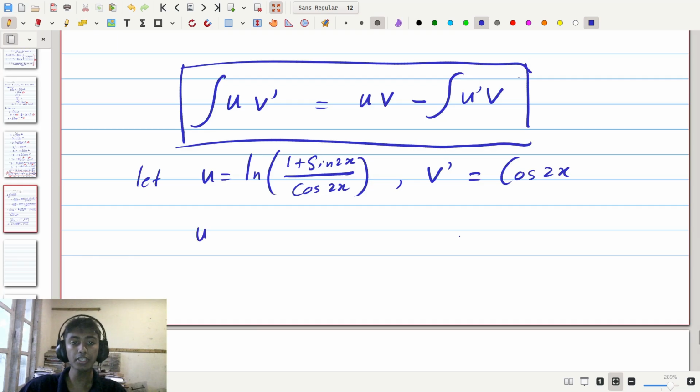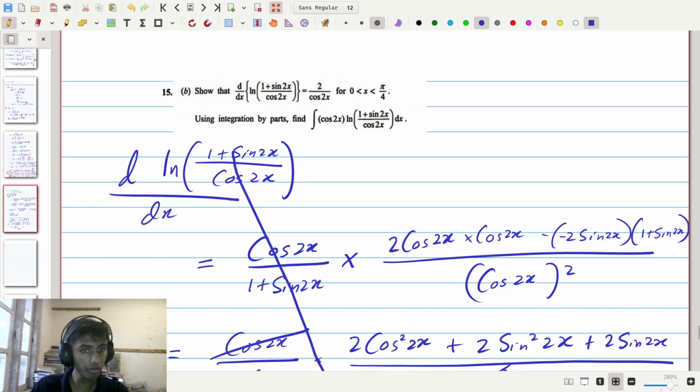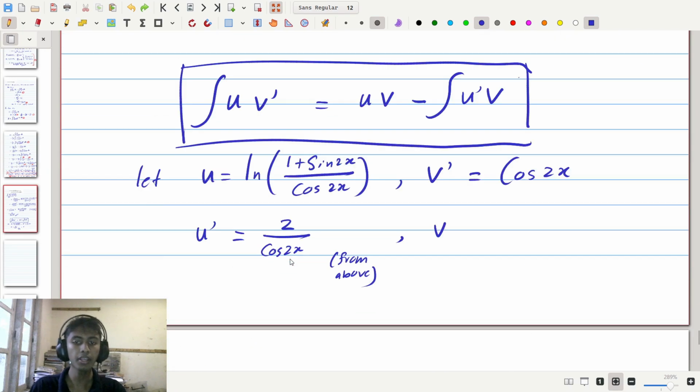In this case, if we take u prime and we consider v, u prime is going to be the derivative of this expression that we have up here, which we already found to be equal to 2 over cosine of 2x. We could potentially also say over here from above, since we did in fact find the derivative of the natural logarithm of (1 plus sine 2x) divided by cosine of 2x above. Now, as for the other part, we have v prime being equal to cosine of 2x.